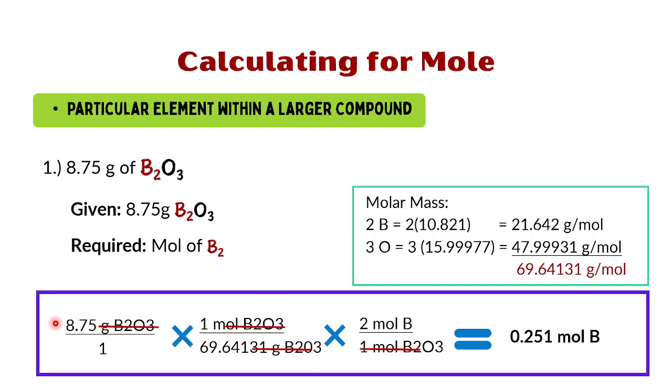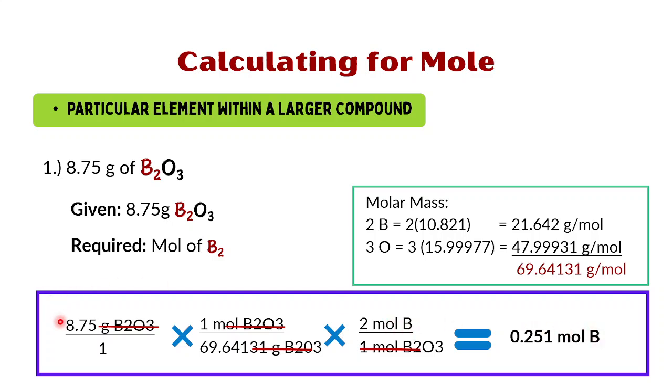But since we are required to get the mole of a specific element, we need to determine how many moles of that particular element are in the chemical formula. In this case, for every 1 mole of B2O3, there are 2 moles of boron. So cancel out the unneeded units, and what's left will be the mole of boron.